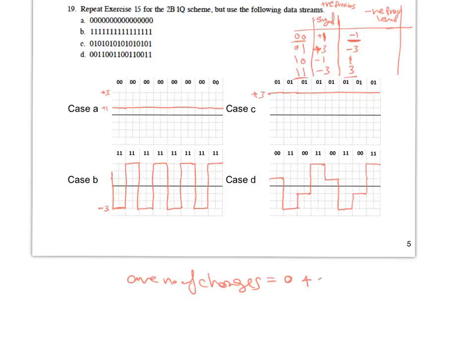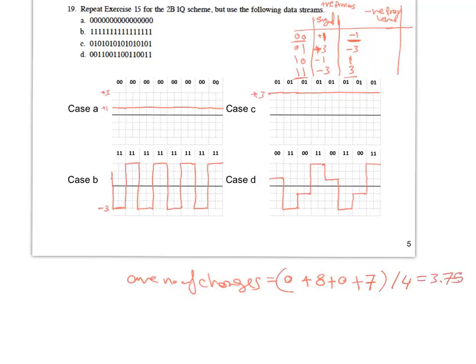So it's 8, plus for case C, it's 0, of course, plus for case D, 1, 2, 3, 4, 5, 6, 7, so it's 7. So this is divided by 4.